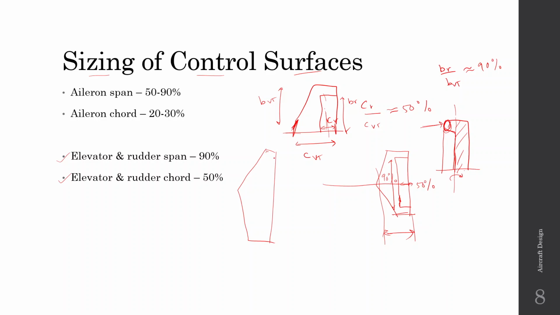If this is the wing, you might have an aileron which goes the entire way, 90%. But this is usually not the case. There are some aircraft like this, but normally this is not the case.